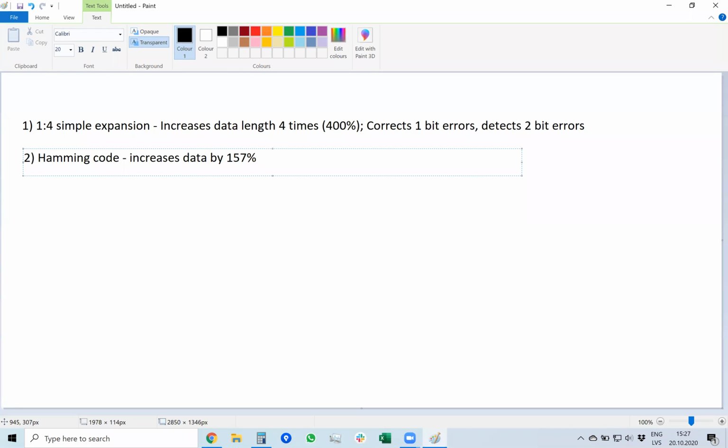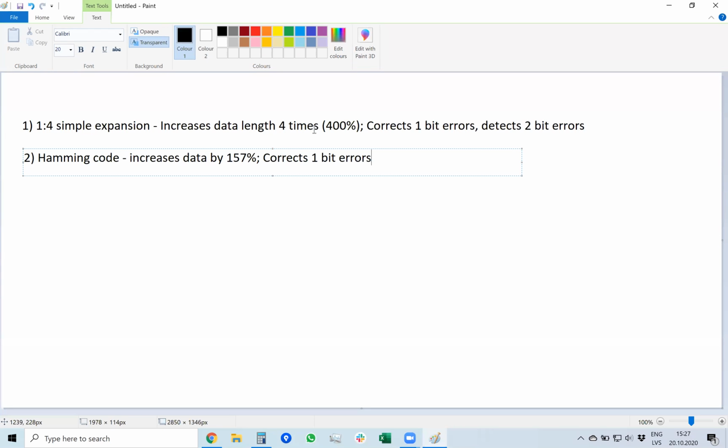It corrects 1-bit errors, but it doesn't really detect more bit errors. If you have 2-bit errors, then this algorithm will probably fail, because it always calculates a number and says, if we have a 1-bit error, then that error is in that particular position.